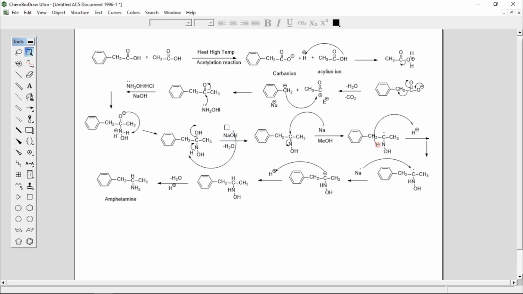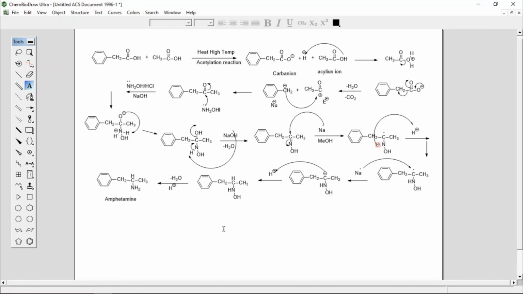The role of sodium hydroxide is to act as a base. So it takes this proton, and the bond pair will shift here, and the OH will be the leaving group. It is simply the loss of a water molecule, and you will get your oxime, that is C double bond NOH. This is called an oxime.